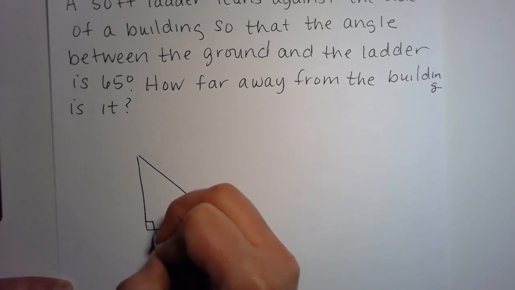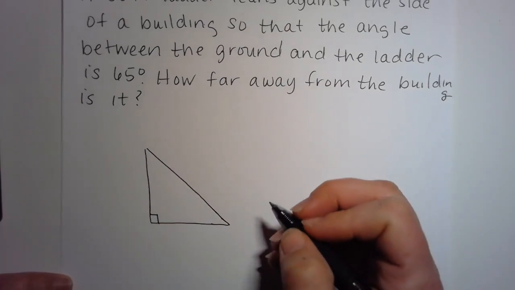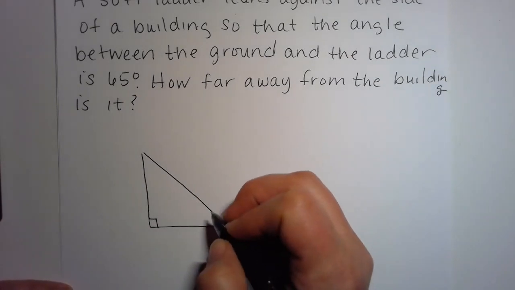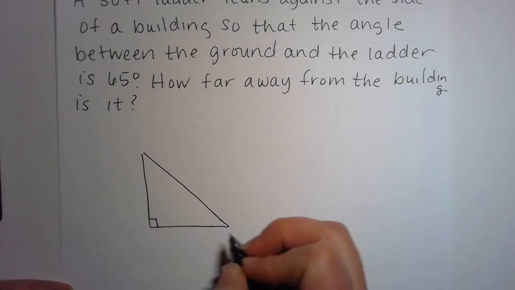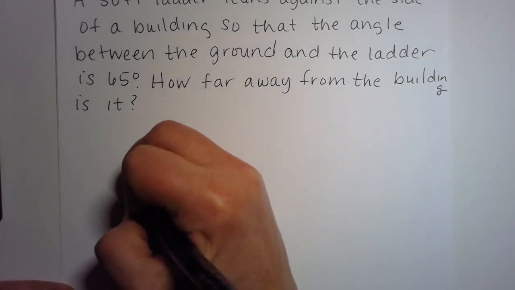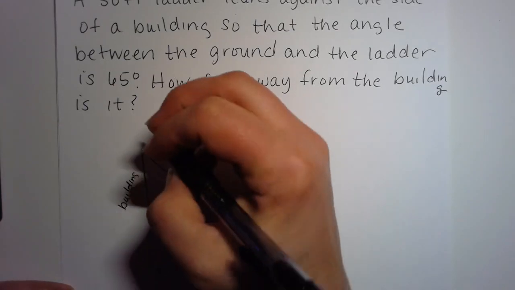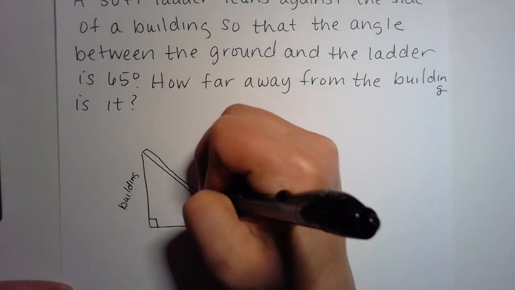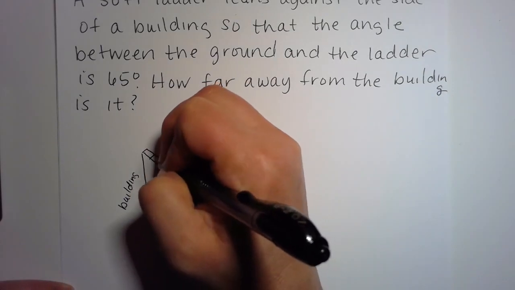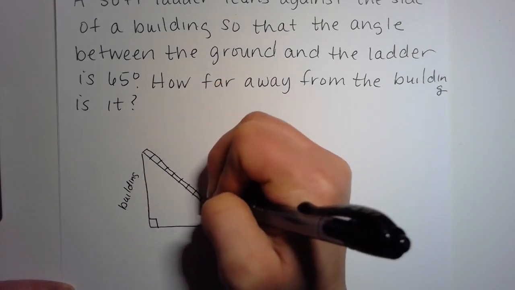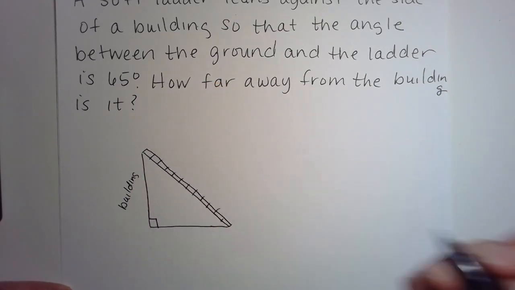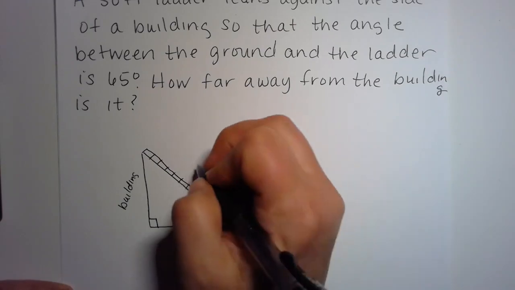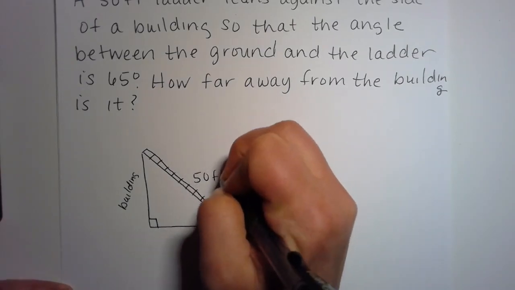So I have the angle, let's see, this is the ground, this is the building, and this here is the ladder. All right, now the ladder isn't going to change, so I know that the ladder is 50 feet. Okay, so this is 50 feet.